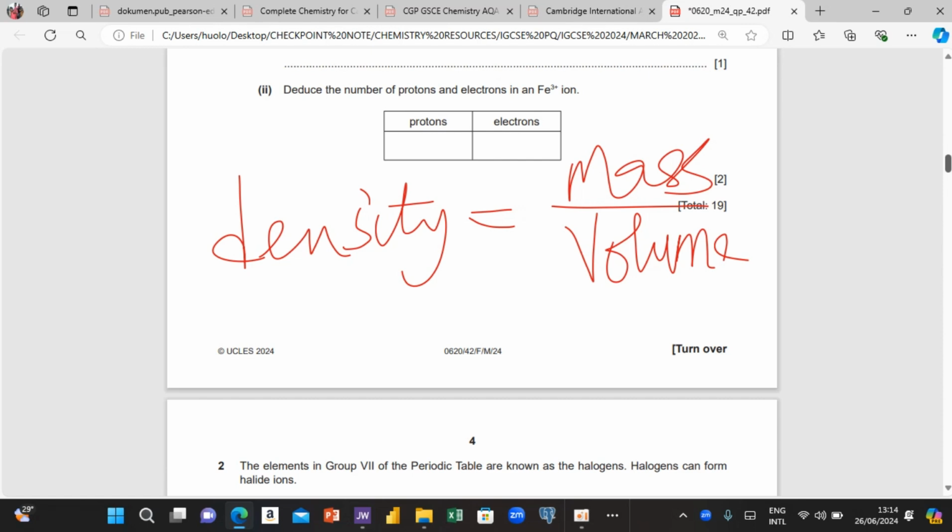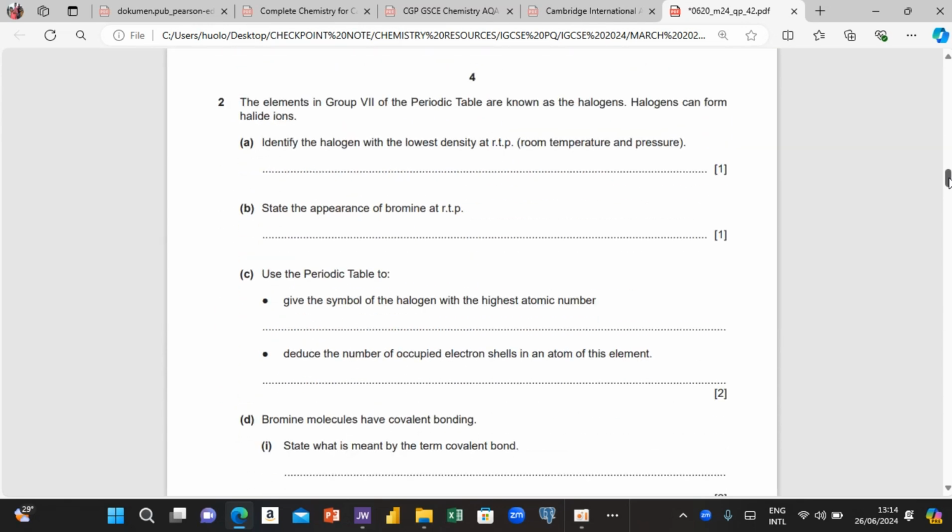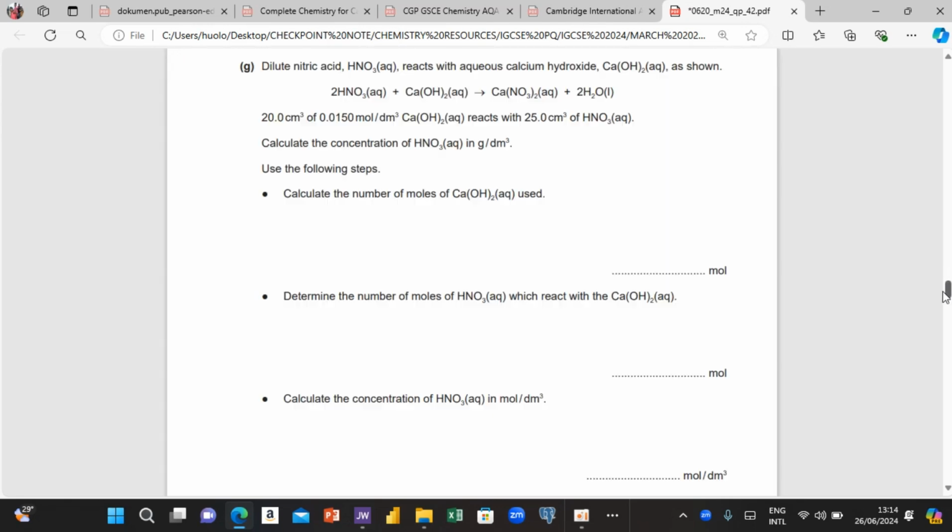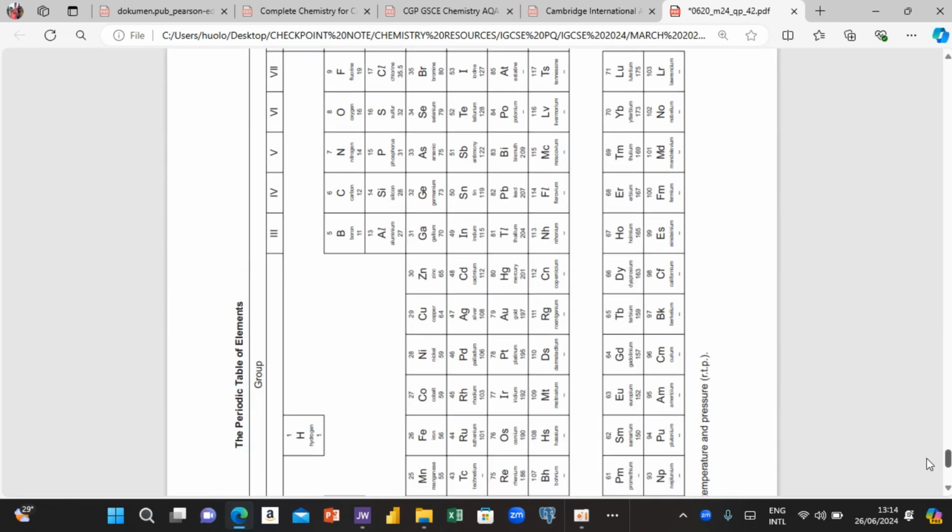How many particles are in a given volume? So the more particles in that same volume, the higher the density. You can see from the relation that density is directly proportional to mass. The more the mass, the more the density.